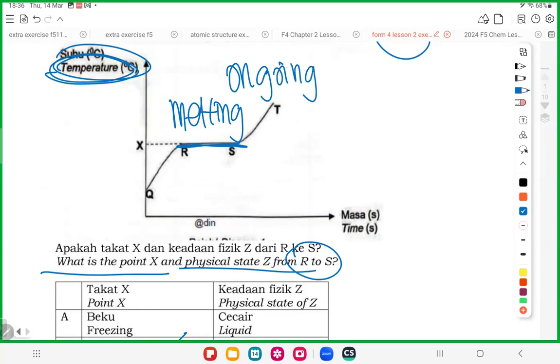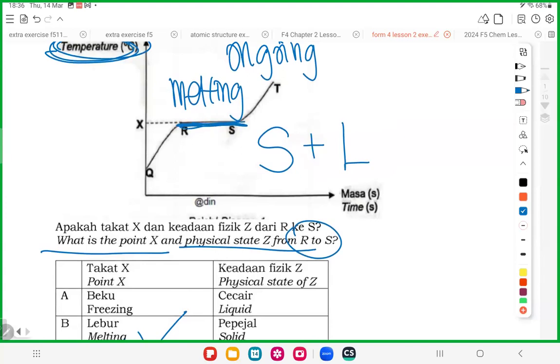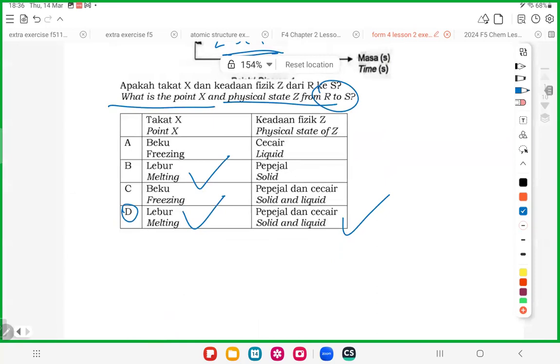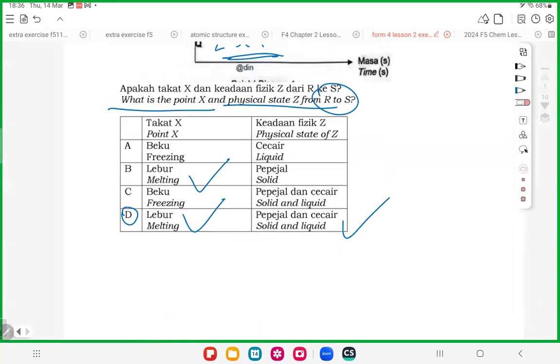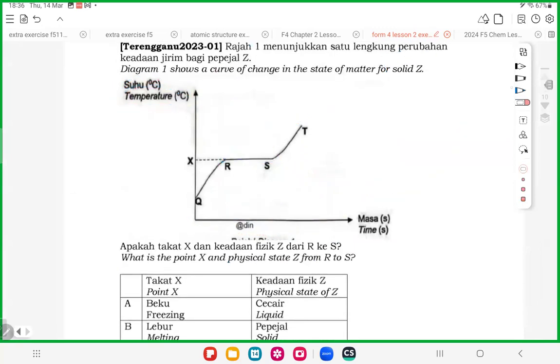When the melting is ongoing, some solid is not melted yet, and some solid has already melted to become liquid. That's what I told you. On the horizontal line, you always have two states, solid and liquid. I hope everyone knows what is happening. It's not very hard actually.